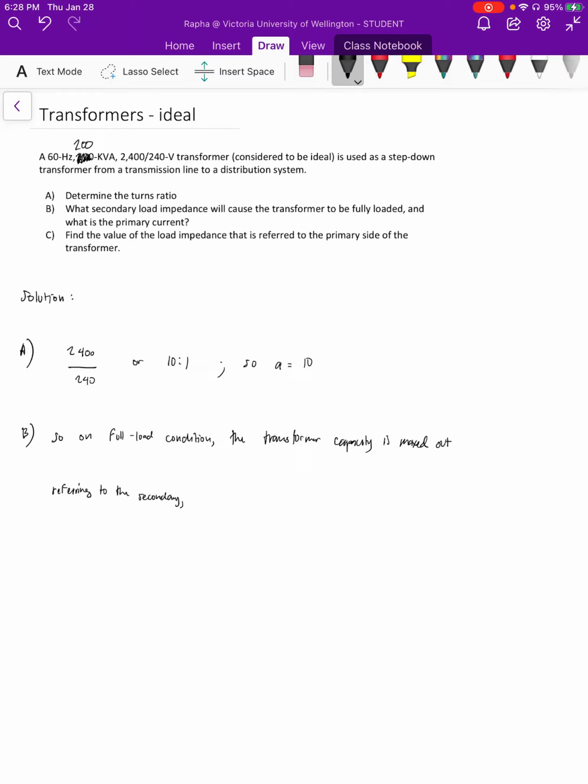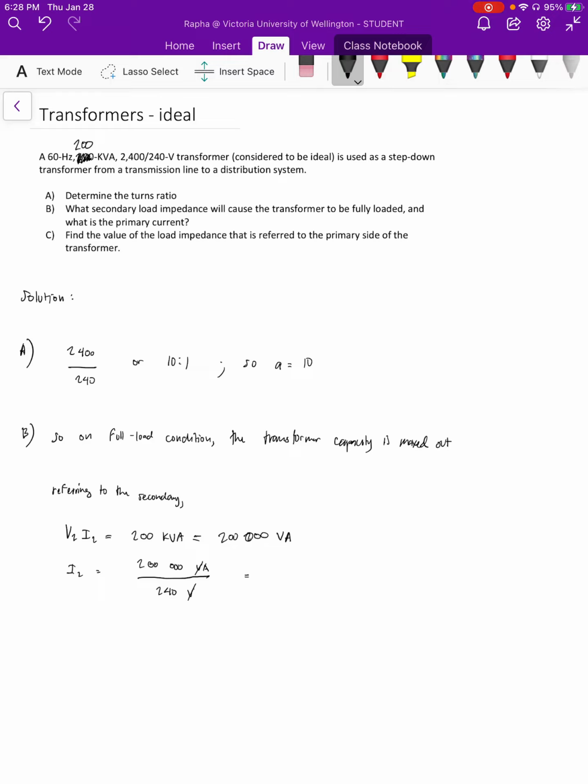So, V2 I2 is equal to 200 kVA or 200,000 volt amperes. So, kung pangitaan na to si I2, I2 is equal to 200,000 volt amperes divided by V2, which is, in this problem, 240 volts.